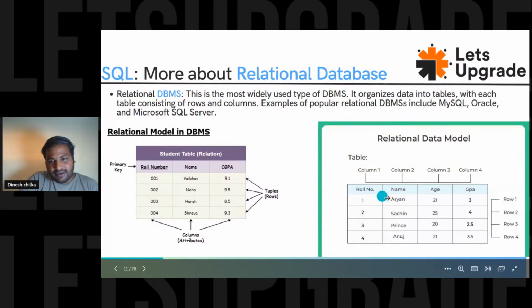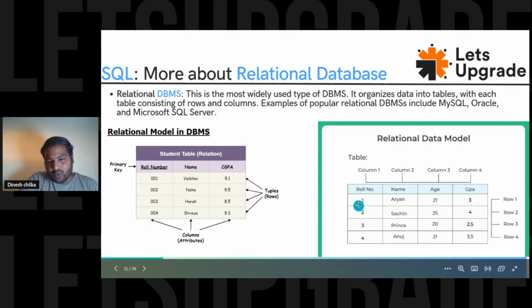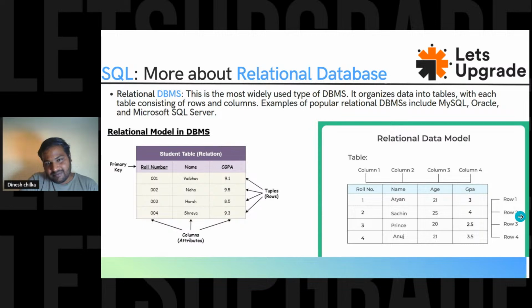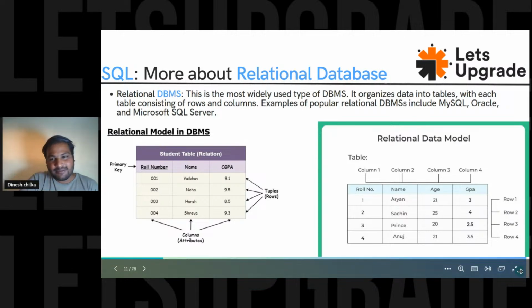Again, we have roll number, name, age, CGPA. These are the columns. Again, 1, RN, 21, 3. These are the rows. It's just an example, so whenever you're working on a relational database, it gives the result in a table. In the table, we have rows and columns. Simple, not going into a complicated way. So simply, a relational database means rows and columns. You can just say table.